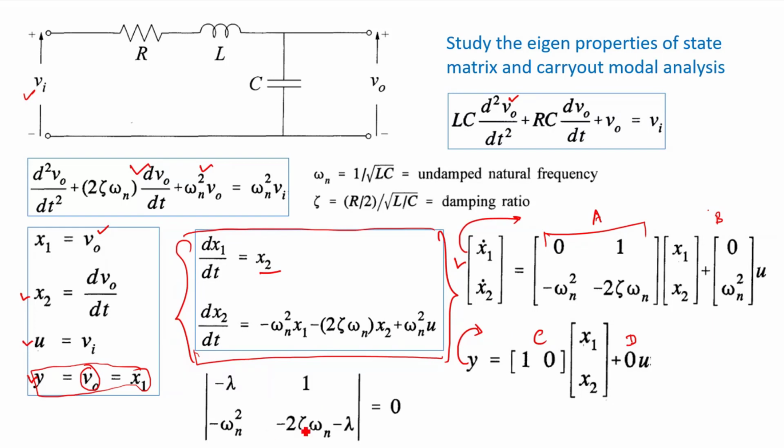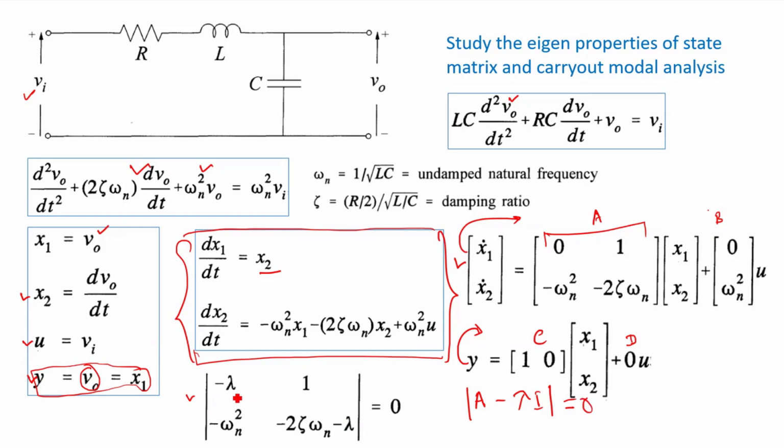So now from the A matrix, we can find the eigenvalues just by using the equation for finding the eigenvalue. We know already, right? A minus lambda I, the determinant of this equal to 0.